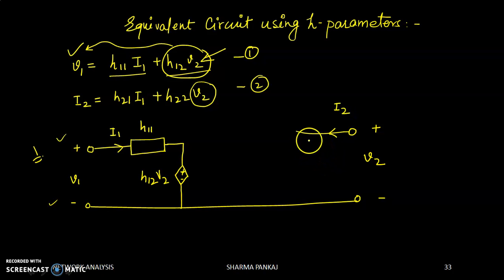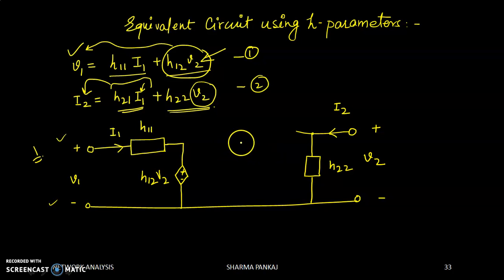So there is a shunt element, a parallel element called H22, across which the voltage is V2 and current will be distributing at this point. This is your H22, and this is your current dependent current source, entirely a current source.